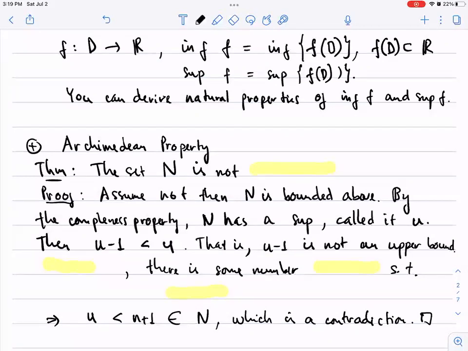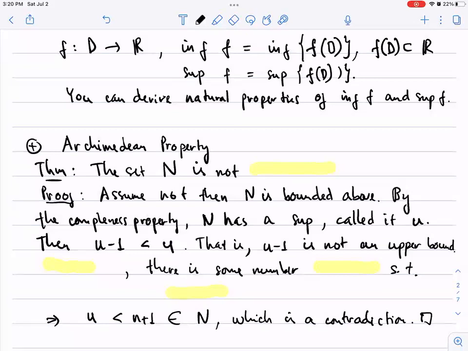So basically, in many situations, when you need the completeness property, you're actually gonna use this consequence of the completeness property, namely this Archimedean property. That's why you see these statements again and again in this class.